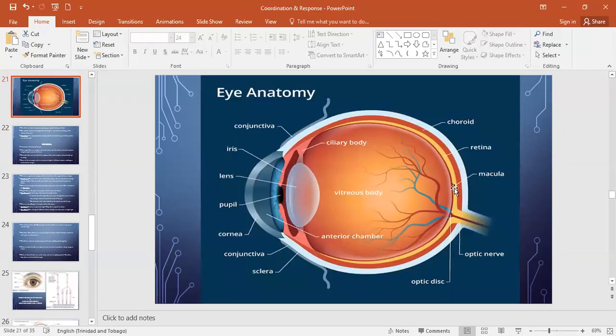Once light falls, typically here where you see this little pit, you have a whole lot of photoreceptor cells, your cones and rods, located in here. So when light is focused on your retina, an impulse is sent along your optic nerve to your brain so that it can sort out the image that is being seen.